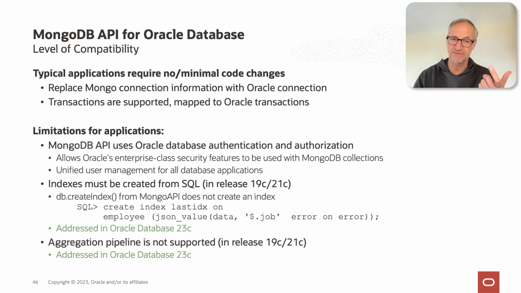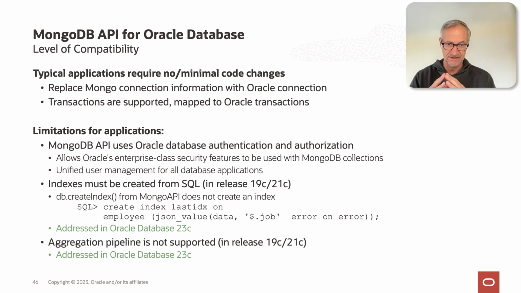So the security model, I mentioned it at the beginning. We have the concept of schemas in the database that represent a database in the Mongo world, right? So we consciously decided to integrate into Oracle's existing database authentication and authorization model, as compared to building something new where you have users and databases like you have it in the Mongo world.